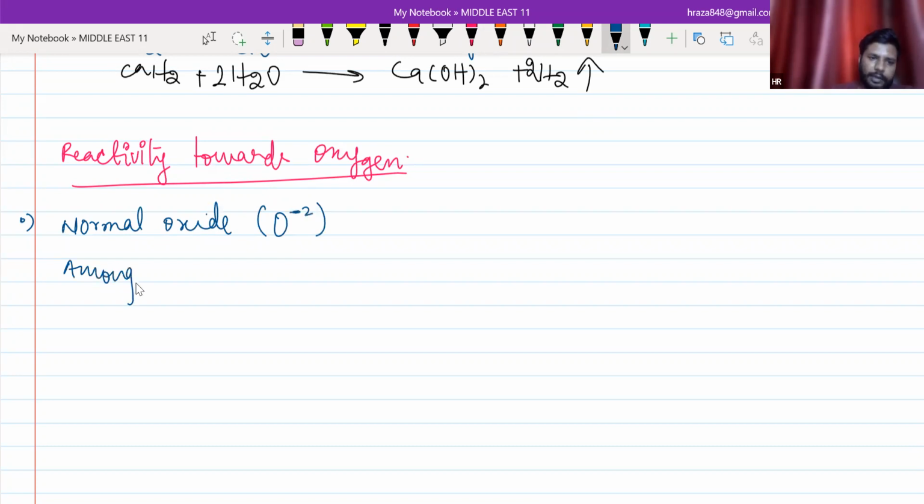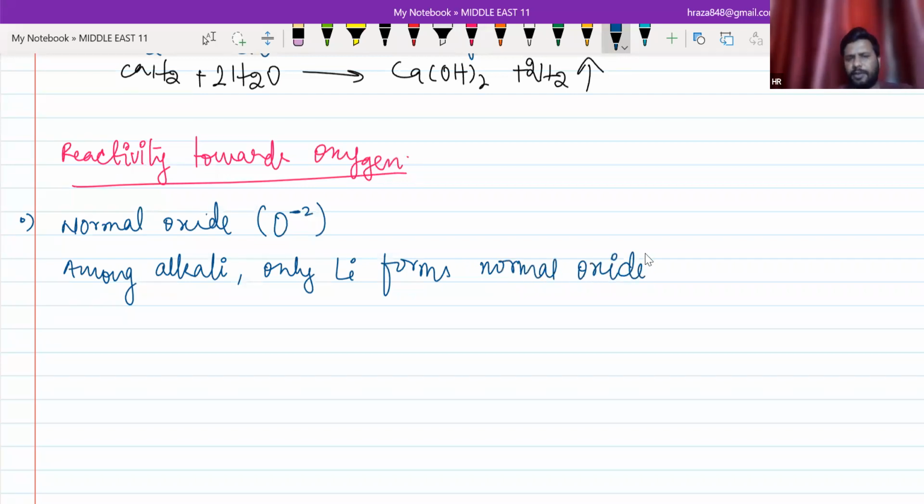Among alkali metals, only lithium forms normal oxide because it is very stable in this form, Li2O. Sodium also forms normal oxide, but it will prefer peroxide more. And then comes peroxide, that means O2 with a 2- charge.